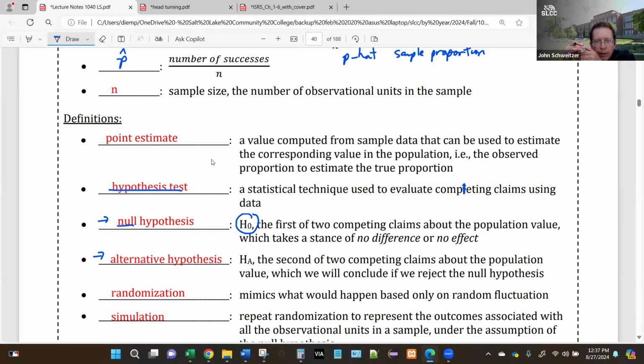The alternative hypothesis is the second competing claim. And what is it competing with? The null hypothesis. So this is sort of the hypothesis of something new, and we often call it the researcher's hypothesis because that's what researchers are typically trying to do. If you're a researcher, you're trying to discover something new. You're not trying to prove something we already know.